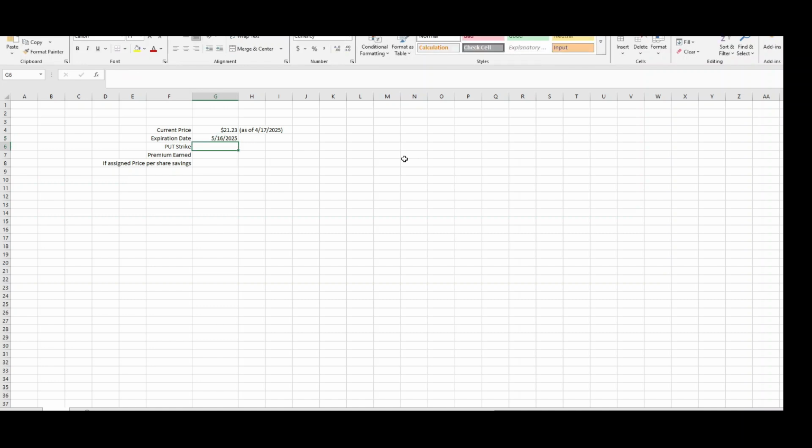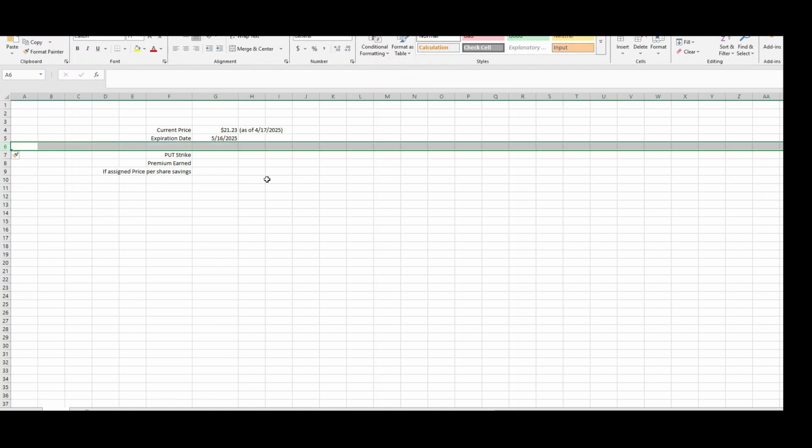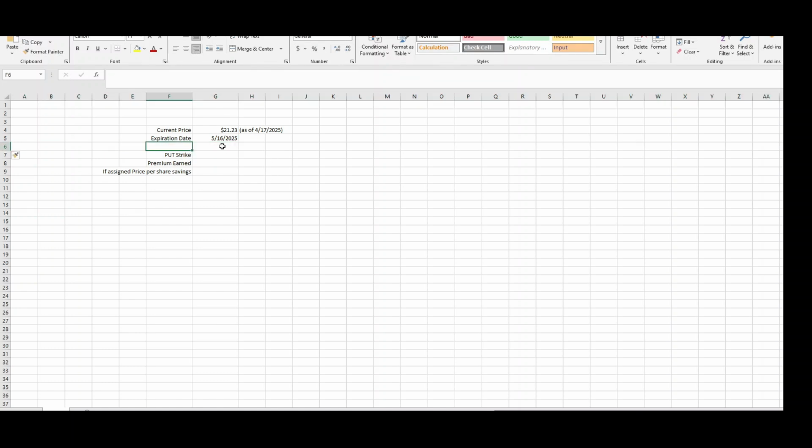All right. So what put strike are we looking for? So I'm going to add one other line here, and I'm going to call this one our estimated or calculated put strike. Now that calculated put strike is something just to look at, right? This is a goal or a suggestion. And for that, I like to take the current price times 0.9.